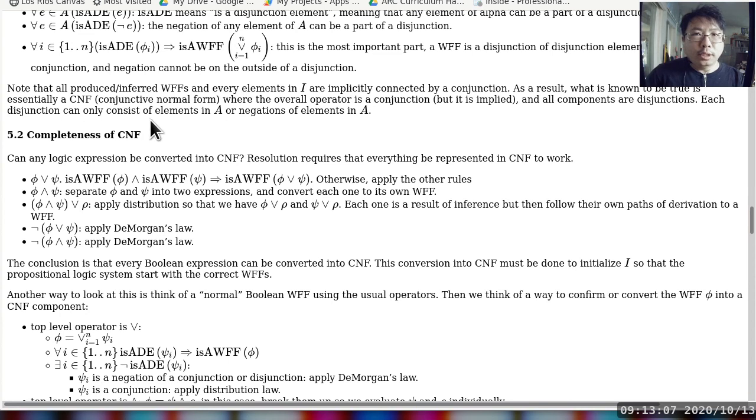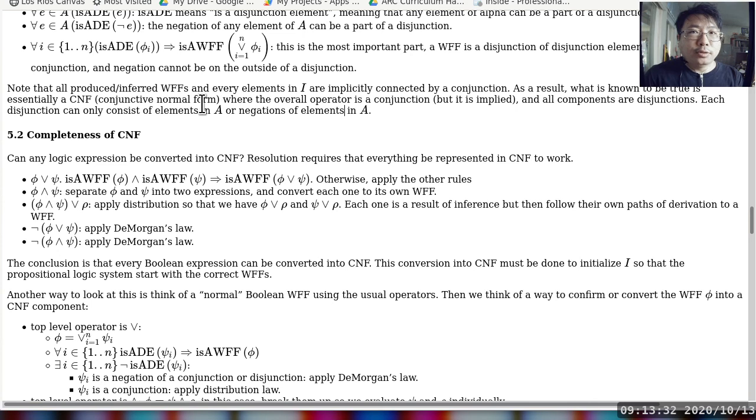Each disjunction can only consist of elements in alpha or negations thereof. That is a really restrictive way of looking at things, because we're imposing a very big restriction on how we can express everything in this system.